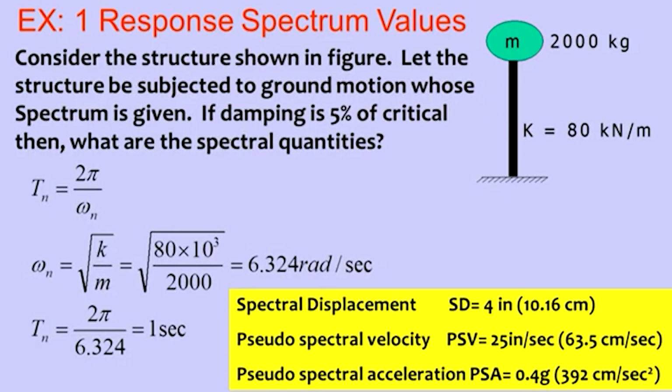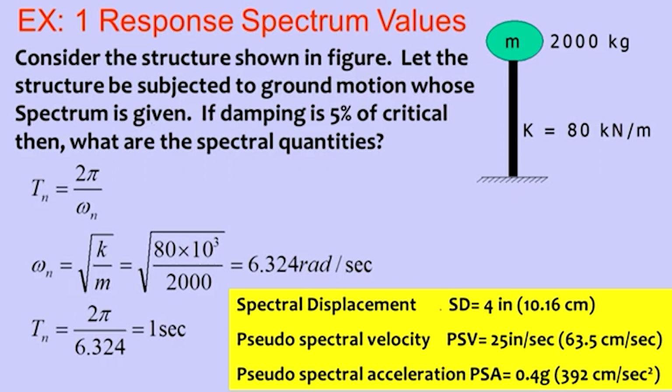Now let's solve one problem. Let's use this response spectrum and find out the response quantities. This example says: consider a structure shown in the figure, where the mass of the system is 2000 kg and the stiffness value is 80 kilonewton per meter. Let the structure be subjected to ground motion whose spectrum is given.